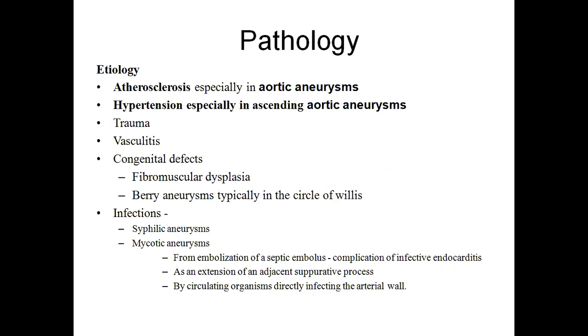There may also be associated congenital defects like fibromuscular dysplasia, Berry's aneurysm, typically in the circle of Willis as a result of a congenital defect. Also, infections like syphilis and mycotic aneurysm, so that would lead into embolization of septic embolus as an extension of an adjacent suppurative process by circulating organism directly infecting the arterial wall.